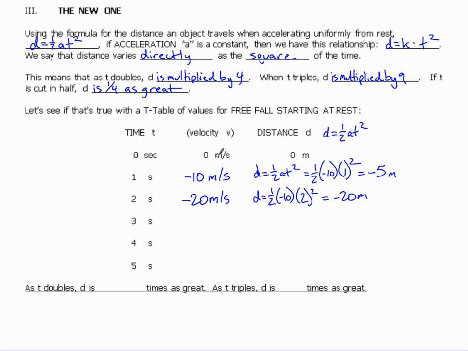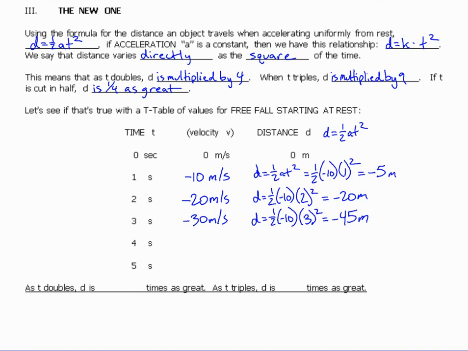Velocity after 3 seconds, -30 meters per second. And the distance here, 1/2 times acceleration of gravity, still -10, times 3 seconds squared. The distance traveled is -45 meters.